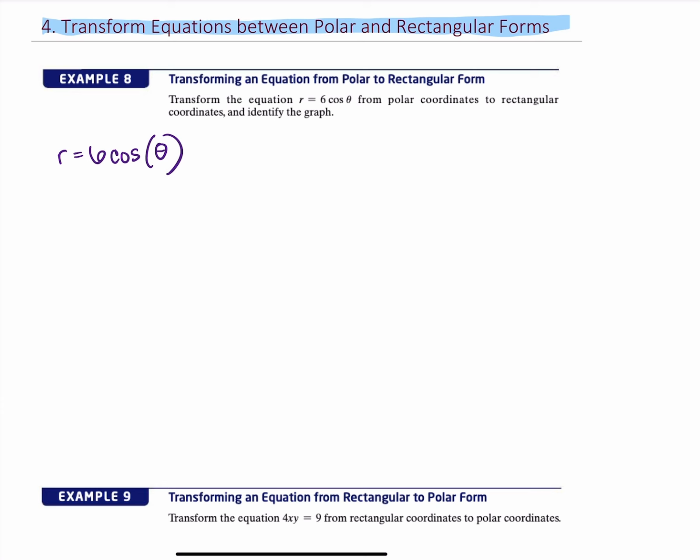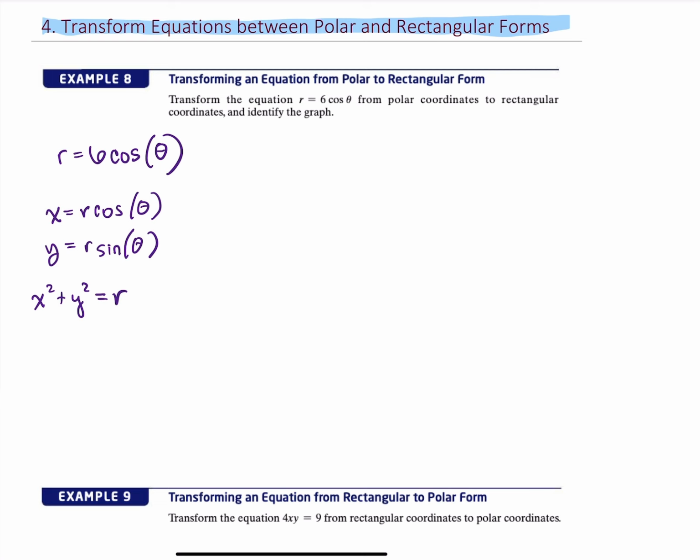So we want to take advantage of our conversion factors, that x equals r cosine theta, y equals r sine theta, and also x squared plus y squared equals r squared.